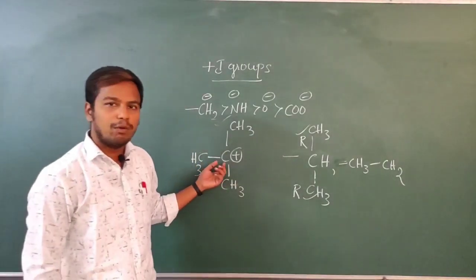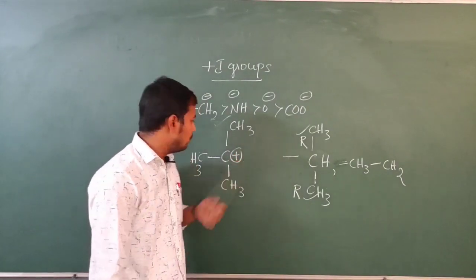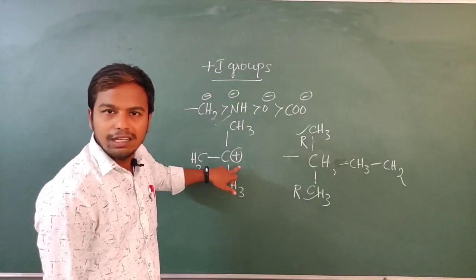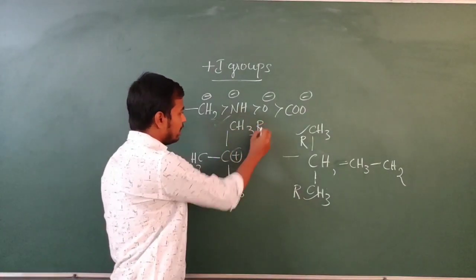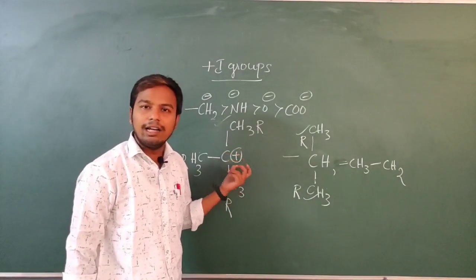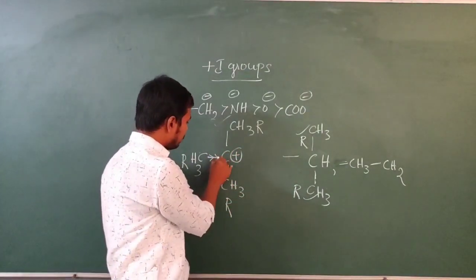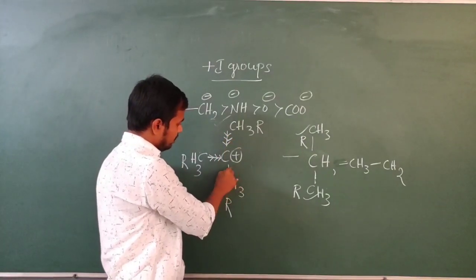This carbocation is electron deficient, and it acts as an electrophile too. It needs electrons; the electron density is very low. Here we got three alkyl groups, this, this and this, and those three alkyl groups will donate the electrons towards the electron deficient atom more effectively.